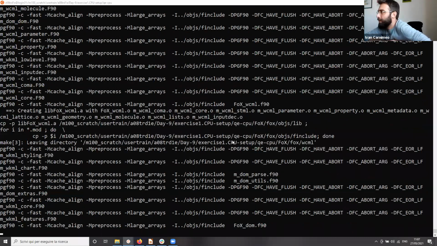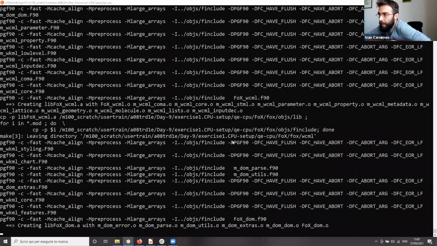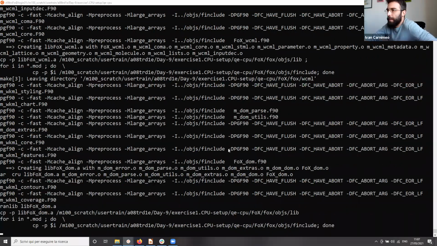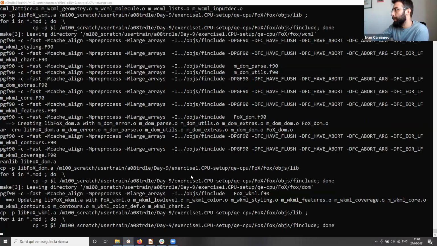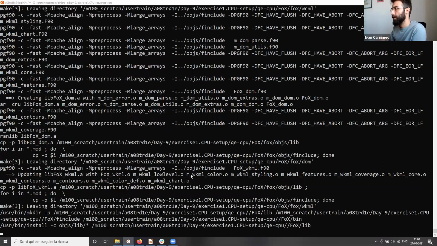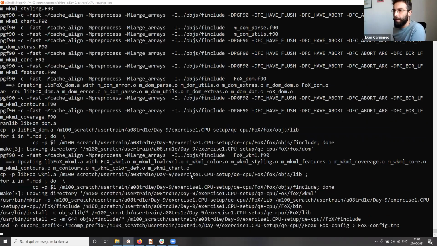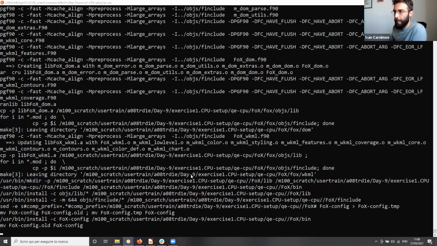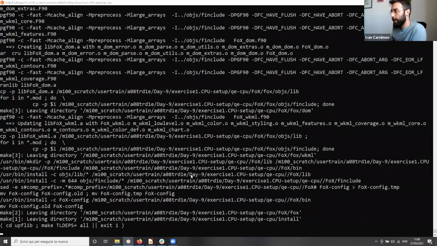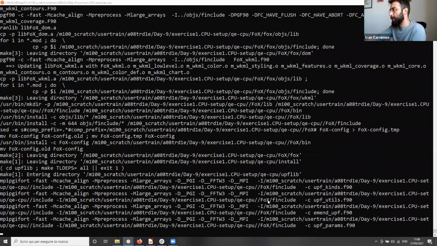So I see that it is going very slow because there are many people connected. So I think it is better if we move on, otherwise we cannot do the other exercises. I suggest you can try the compilation on your laptop, for example, if you have the compiler. So you can just apply what we have learned here on your laptop. And maybe we can stop it now. Let me just check if at least I can finish the compilation so I can show you the end of the exercise.